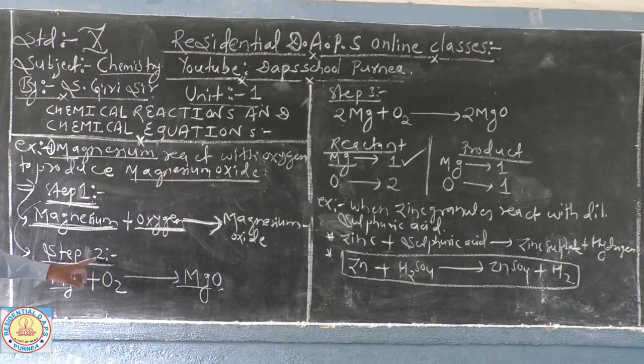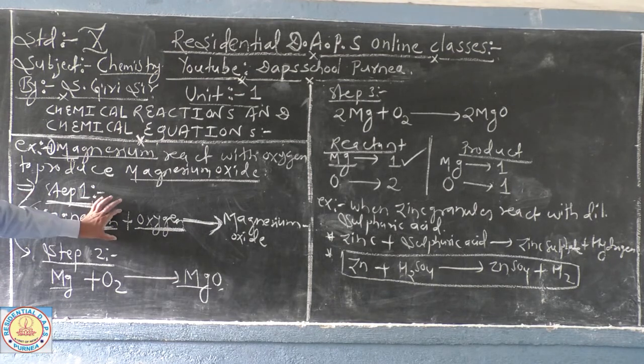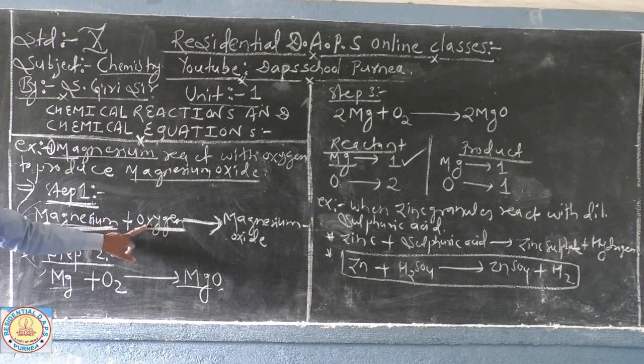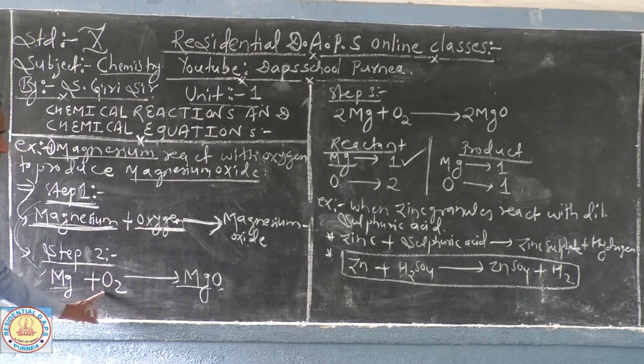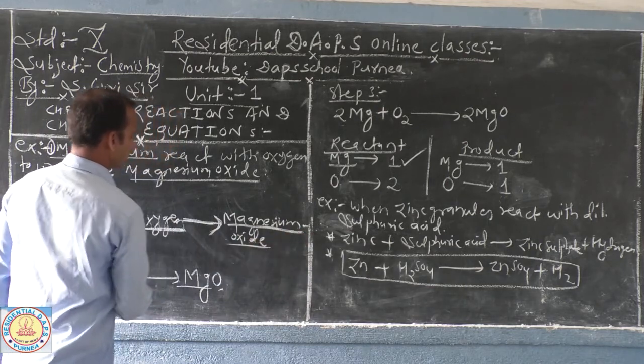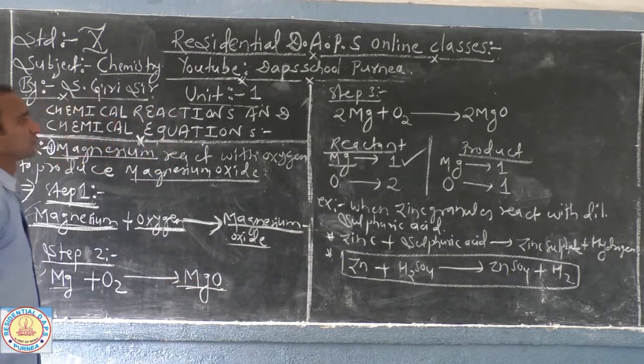Now next, step 2, you have to represent this word equation in molecular form or symbolic form. So the symbol of magnesium is Mg, the molecular formula of oxygen is O2, and the molecular formula of magnesium oxide is MgO.